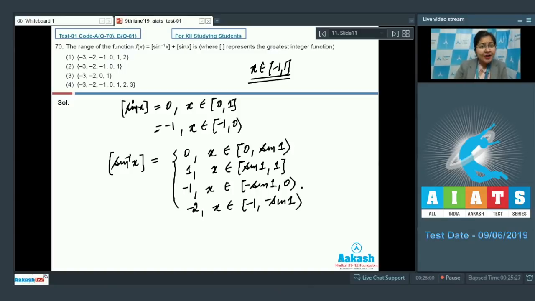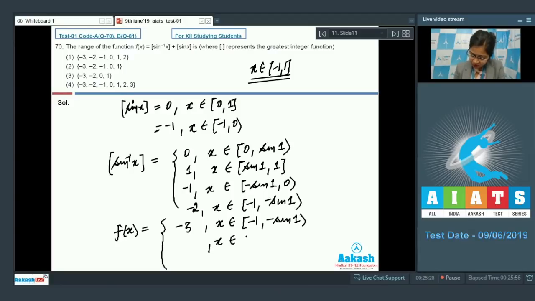Now, we have to add these two functions and find the range of f(x). So, f(x) will be equal to, when x is going from minus 1 to minus sine 1, then the value will be minus 2 minus 1, that is minus 3. And when x is going from minus sine 1 up till 0, then the value will be minus 1 minus 1, that is minus 2.